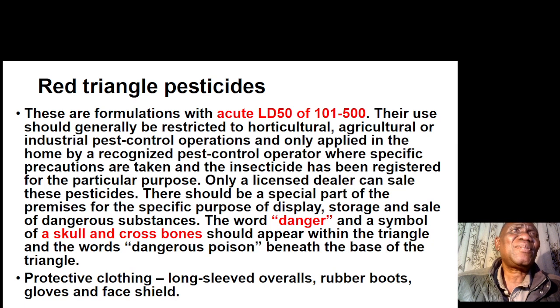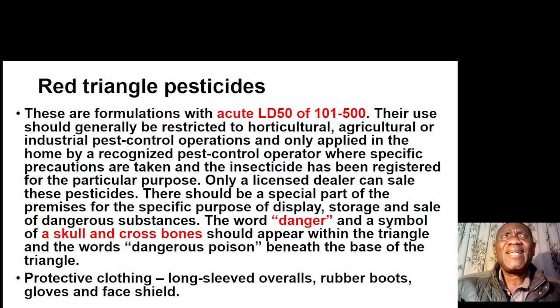Their use should generally be restricted to horticultural, agricultural, or industrial pest control operations, and only applied in the home by a recognized pest control operator, where specific precautions are taken and the insecticide has to be registered for that particular purpose.